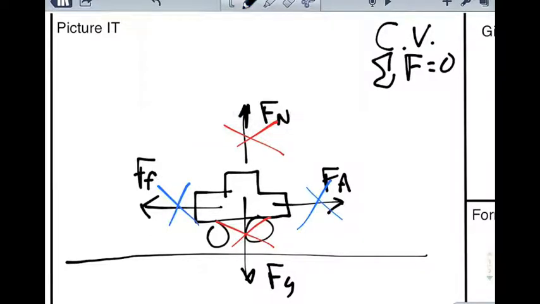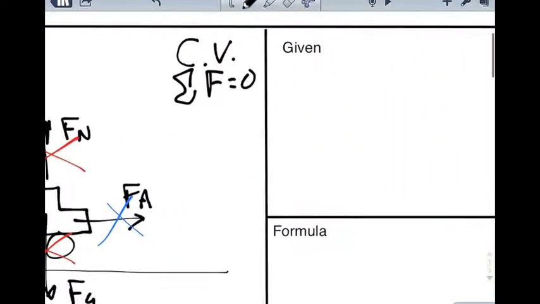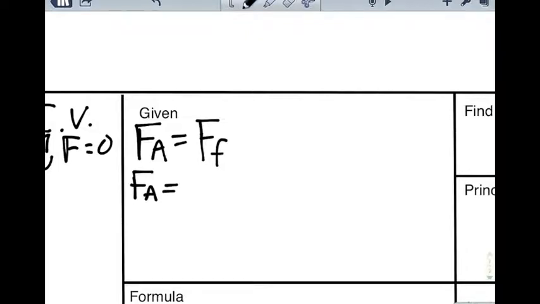So the key thing for this particular question is the fact that the force applied has to equal the frictional force. Now we look at our given information. The force supplied to the car by the engine is 500 newtons.